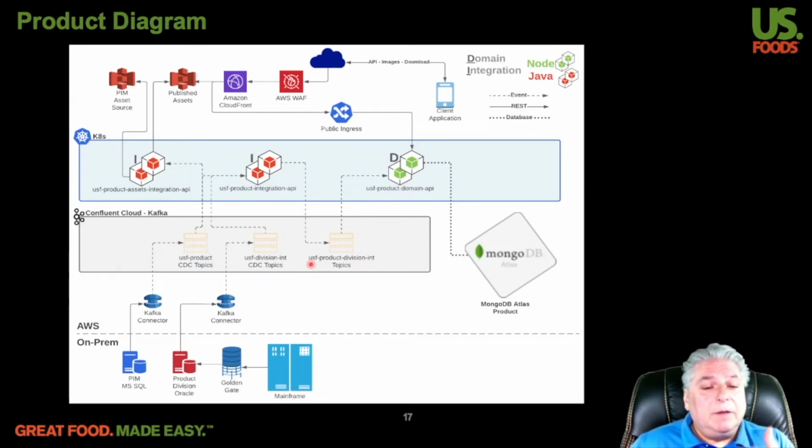The UX team says, wouldn't it be great to be on a page, and if something runs out of stock, let the user know before they actually submit their order.